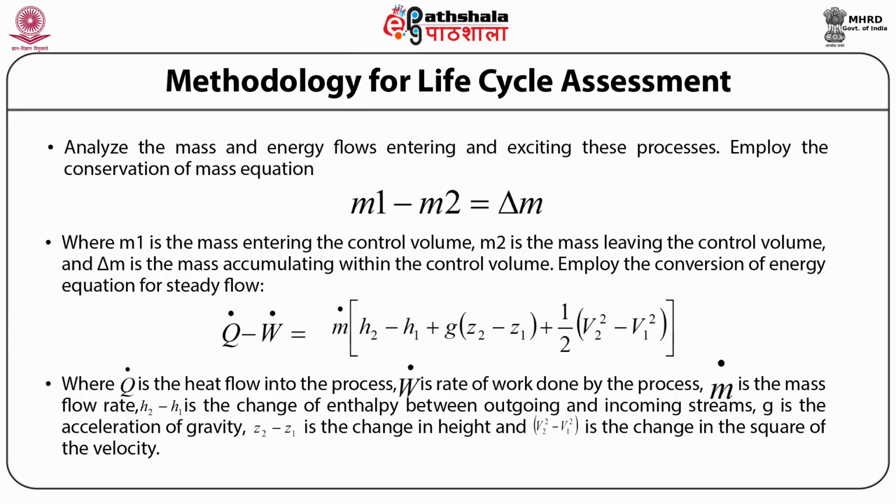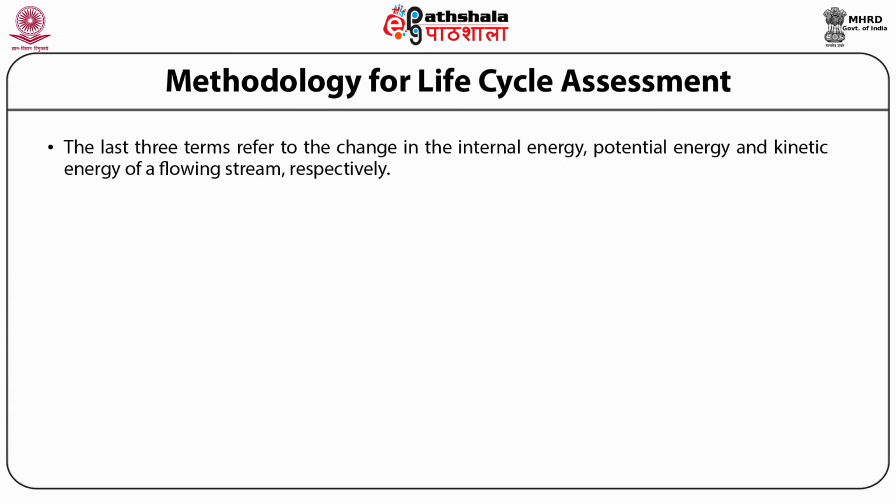Also, z2 minus z1 is the change in height, and v2 square minus v1 square is the change in square of the velocity. The last three terms refer to the change in internal energy, potential energy, and kinetic energy of a flowing stream respectively.